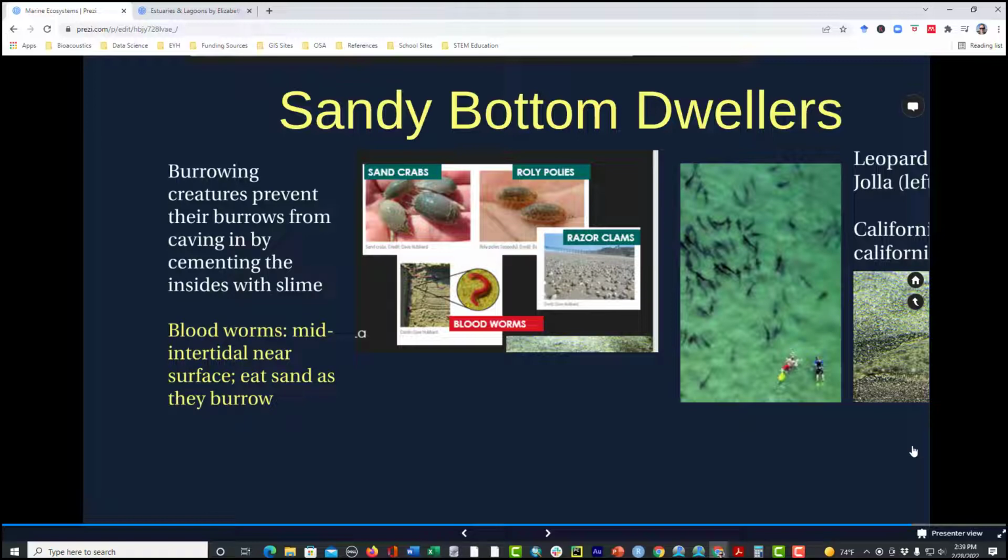These are burrowing creatures that can prevent their burrow from caving in by cementing the inside with some form of slime or other excrement. The bloodworms are going to be mid-intertidal and near the surface, and they eat sand as they burrow. So there are a lot of different adaptations for dealing with these mobile sediments along the floor.